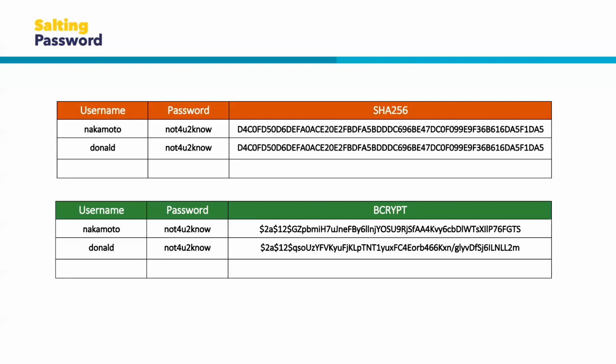We don't have to worry. We just have to specify what we call the salting rounds. It's like if I have playing cards, the salting rounds is how many times I have to shuffle the cards to make them actually random.